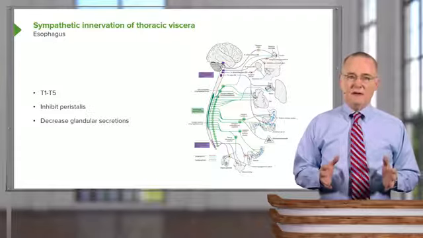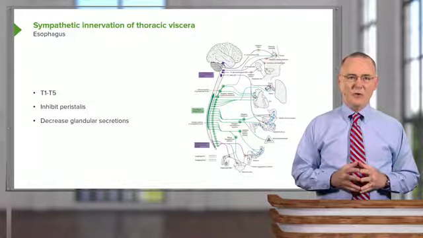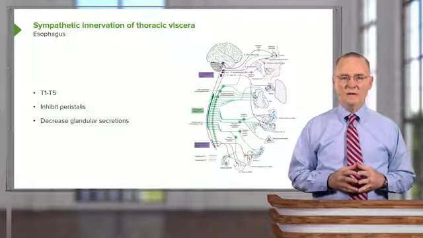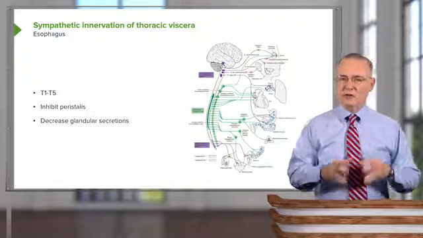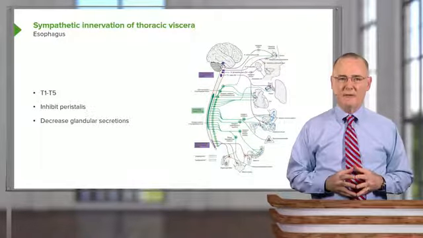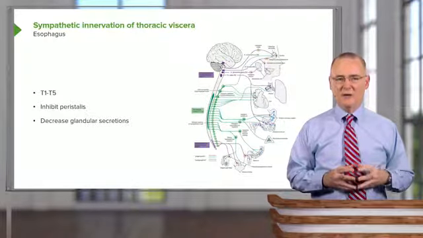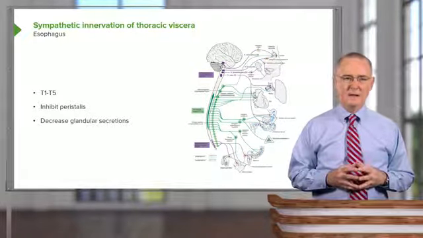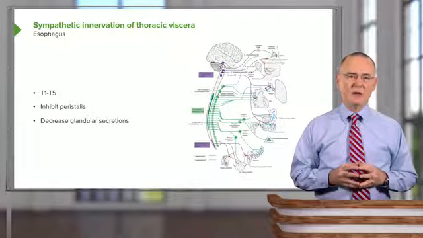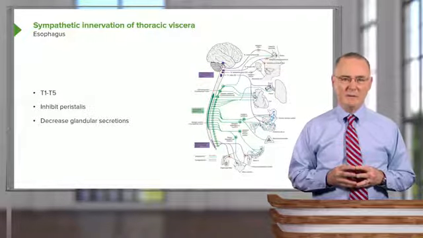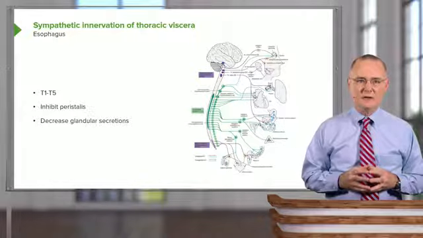Innervation of the esophagus is provided by the same spinal cord levels, again T1 down to T5. This illustration doesn't really show you the esophagus, but again, spinal cord levels T1 through T5 will house the preganglionic sympathetic nerve bodies, and then the postganglionic nerve cell bodies will send out their fibers from the sympathetic trunks to innervate the esophagus.